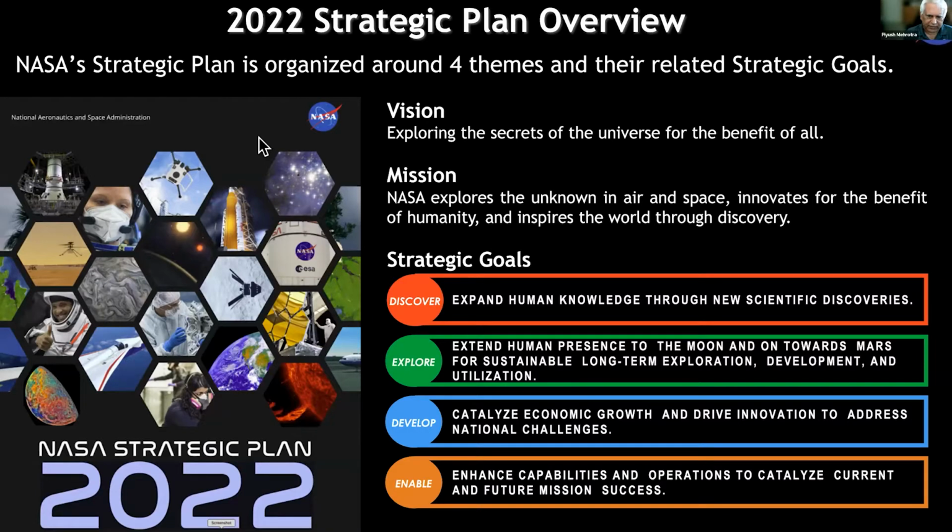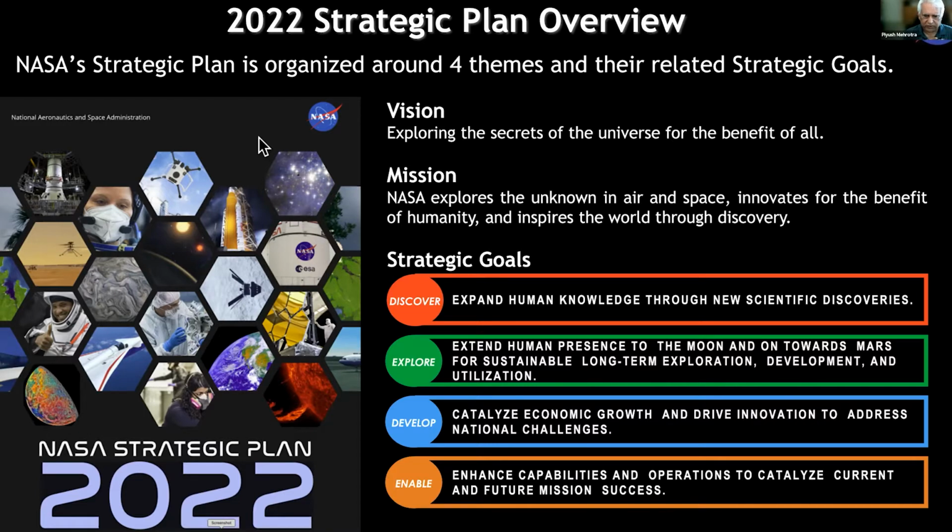The first goal is discover, which is to expand human knowledge through new scientific discoveries. It covers Earth sciences, looking towards space, both planetary science, astrophysics and solar physics, and then biological sciences also.